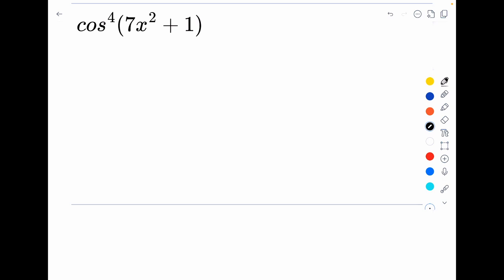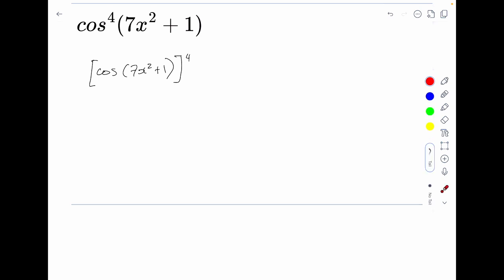Here, what we've actually got is cos of 7x squared plus 1 to the power of 4. So we don't have two functions, we've got three functions. Okay?